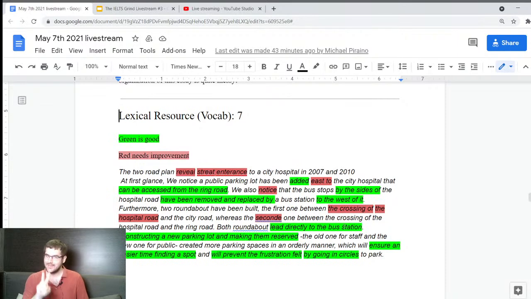Notice is the second time he's using it. That's okay, but you need to make sure you try to vary your language. That means you use different words. Second, spelled wrong. The hospital road, when we're saying the names of roads, we don't use the. The crossing of, again, not the best word to use here.